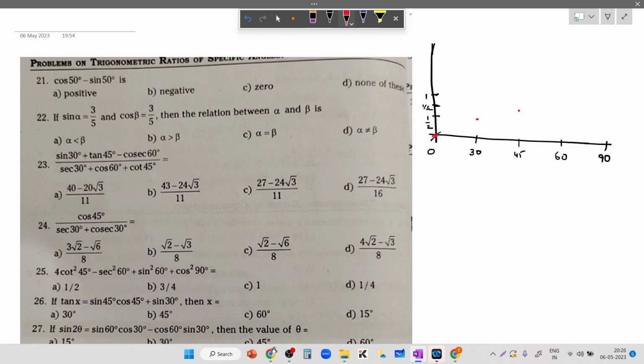Root 3 by 2 is somewhere between 1 by root 2 and 1, about 0.8. So somewhere here, and sine 90 is 1. That means sine is increasing from 0 to 90.